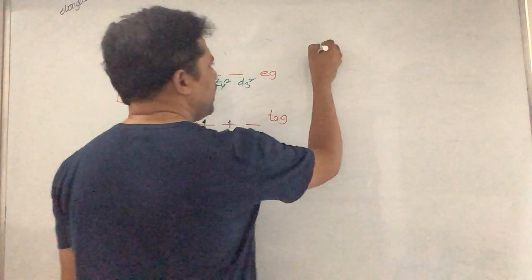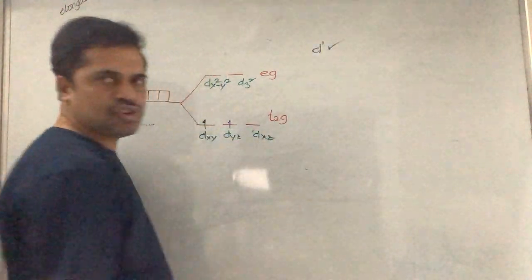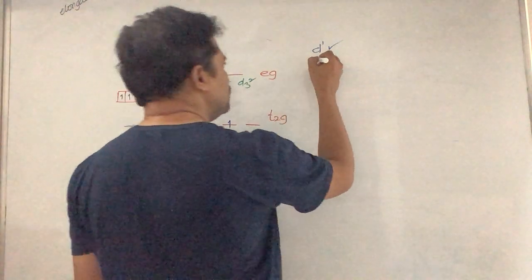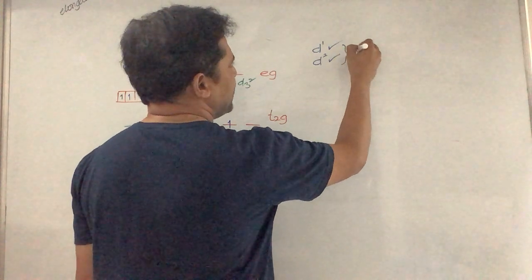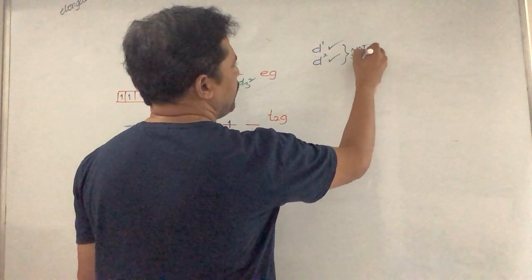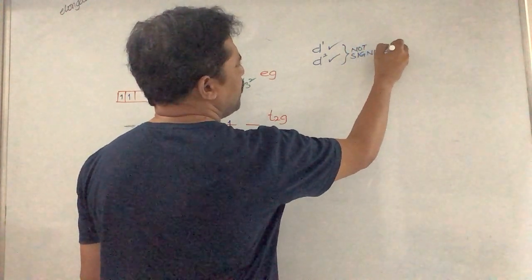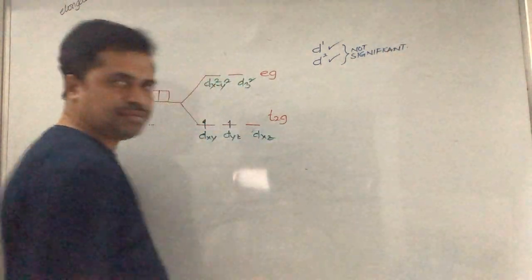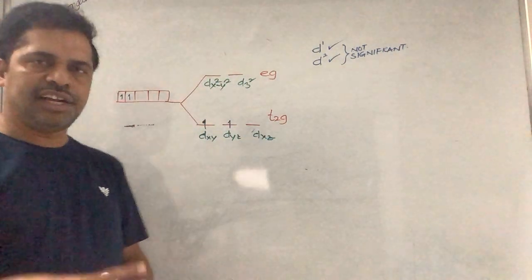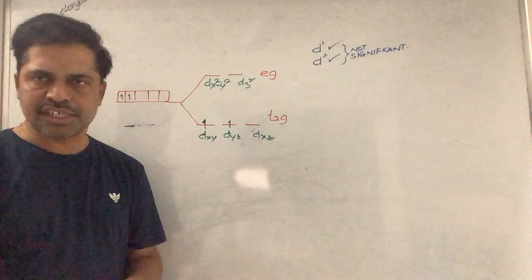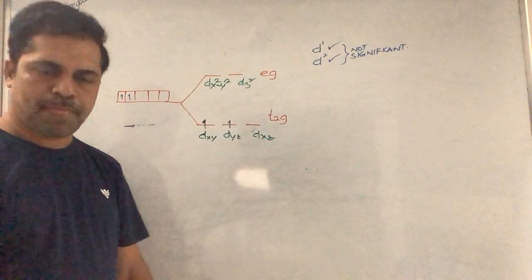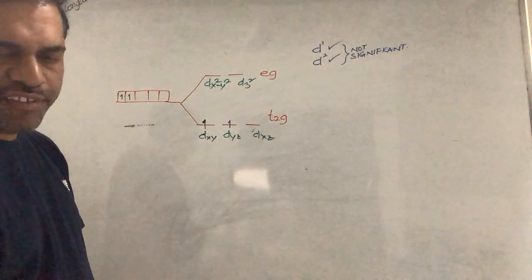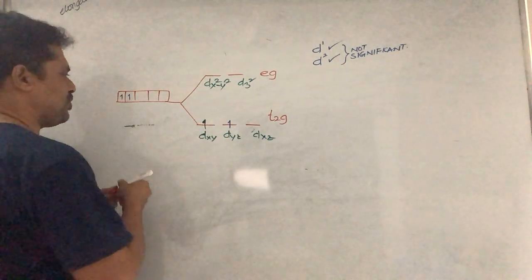So I am mentioning here: d1, distortion is there; d2, distortion is there, but not significant. Not significant for us, you can simply remember. Definitely for d1 and d2 there is a Jahn-Teller distortion, but not up to the mark. Now coming to the very interesting d3.